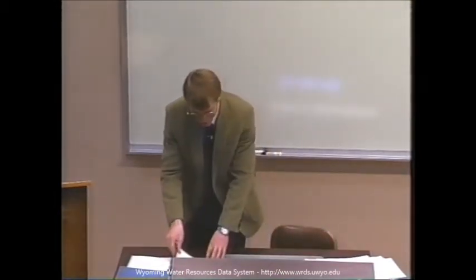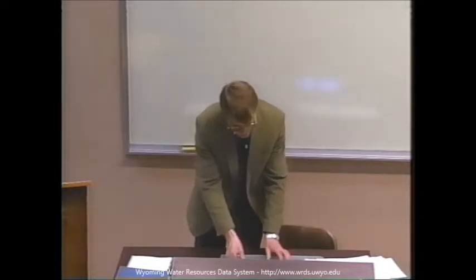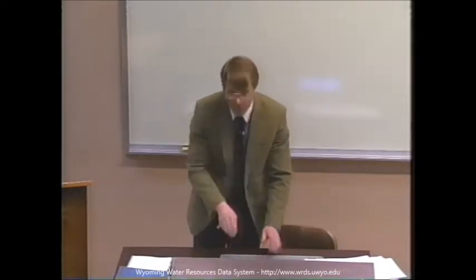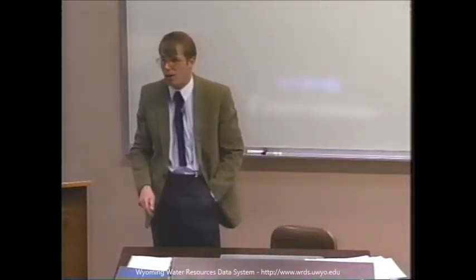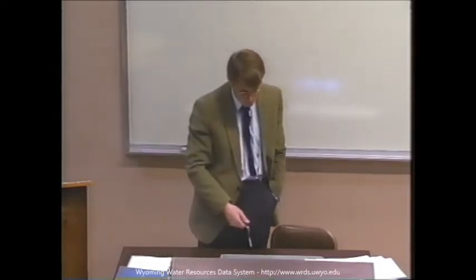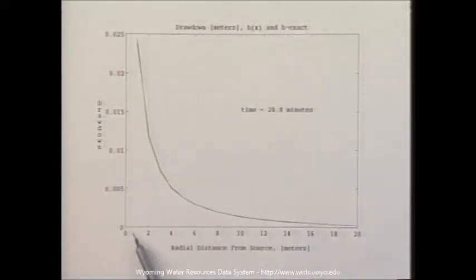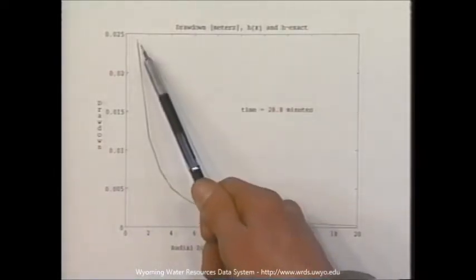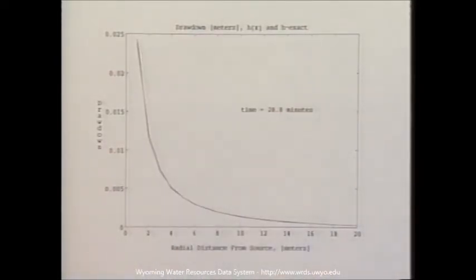Moving on to head as a function of the x direction, or actually r in this case. As I move away from the source along that bottom nodal plane, once again, the numerical solution and the exact solution are in essence indistinguishable.